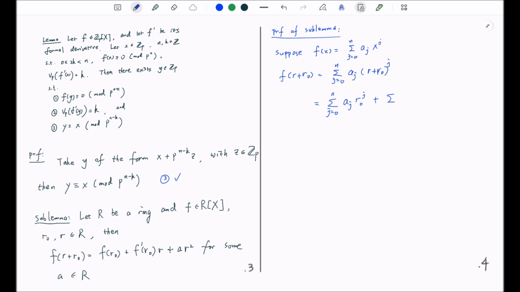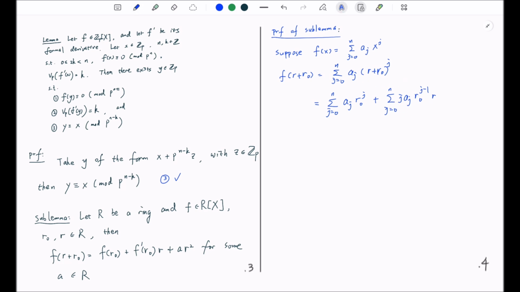And then we sum up for j equal to 0 to n for the second highest powers of R0, meaning R0 to the power j minus 1 times r. So this is the second term.